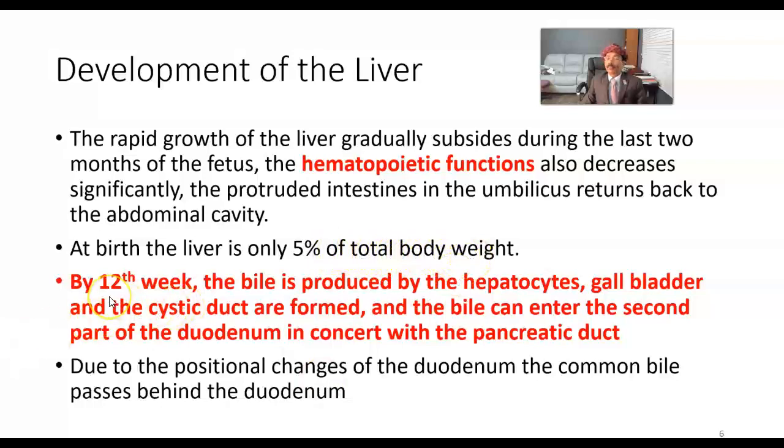To remember some milestones: by the 12th week, the bile is produced by the hepatocyte, the gallbladder and cystic duct are formed, and the bile can enter the second part of the duodenum in concert with that of the pancreatic duct at the hepatopancreatic ampulla. Due to the positional changes of the duodenum, the common bile duct passes behind the duodenum.